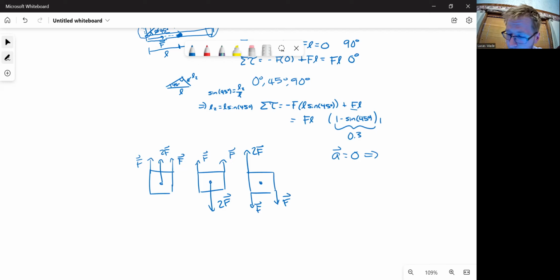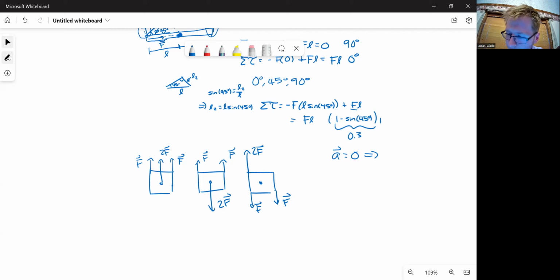So translational acceleration along a straight line. When is that 0? When the tangential velocity is constant. Is constant, yeah. It's at equilibrium.